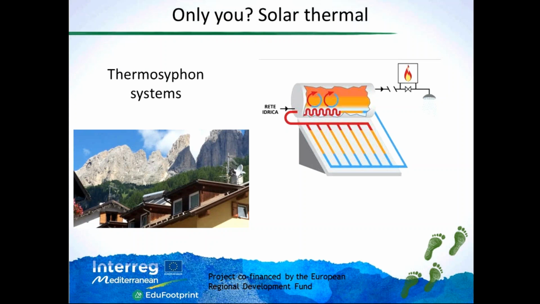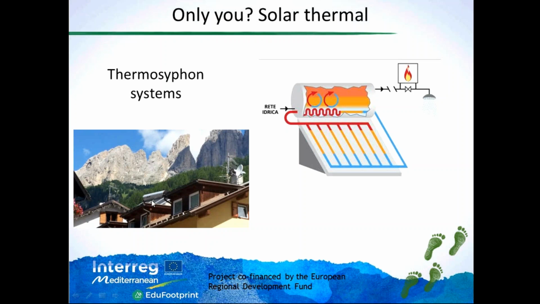So in this case, you don't need a pump, so you just use the natural effect, because of course the hot water is lighter than the cold water, and so it goes up, and then it exchanges heat with the storage again, which is above the solar thermal collector in this case, and then the cycle is completely automatic.